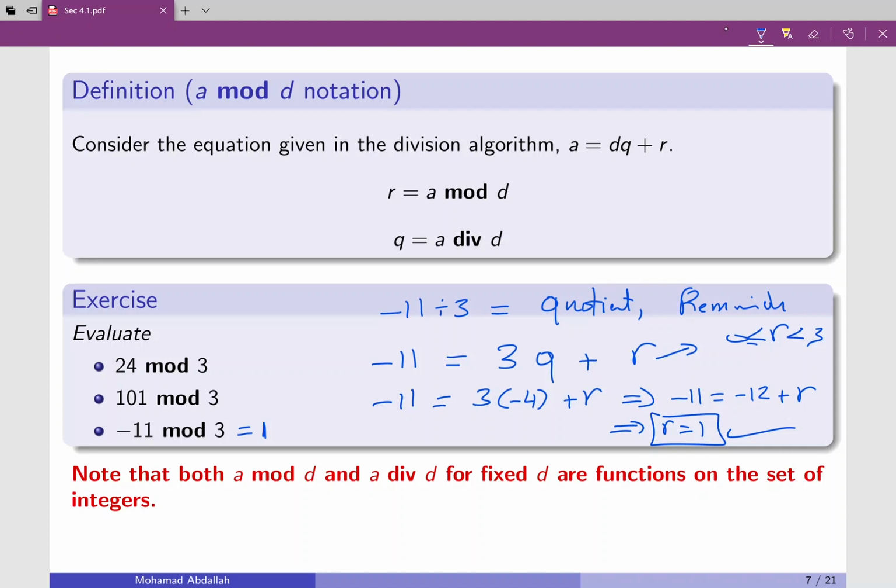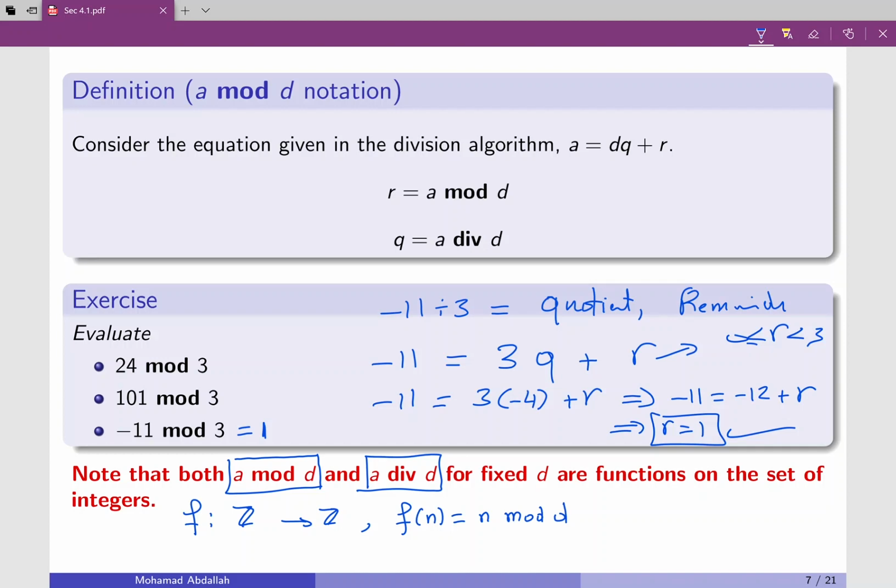Now, this is an interesting remark: a mod d and a div d, for some fixed d, are functions on the set of integers. It's like you have a function f defined from Z to Z. For every integer n, f of n gives you n modulo d, for some fixed d, and of course d has to be positive.